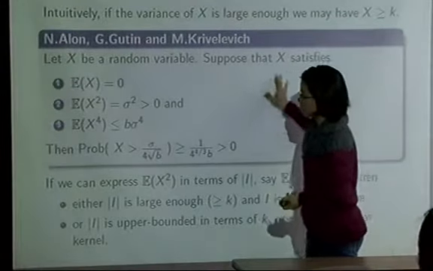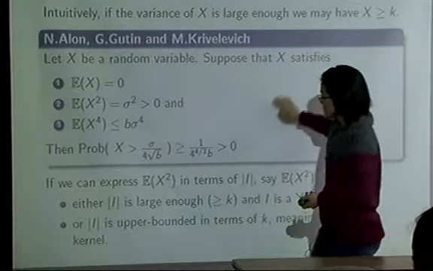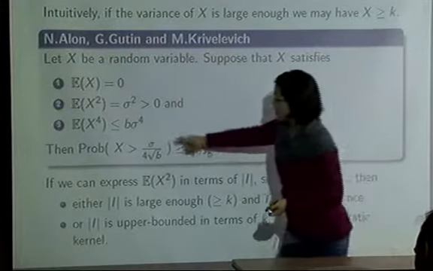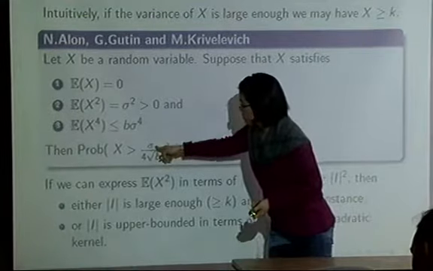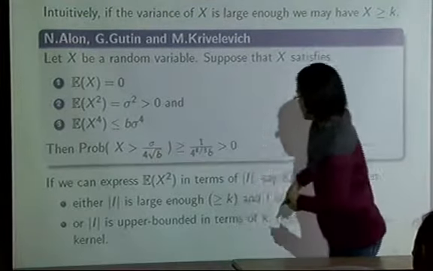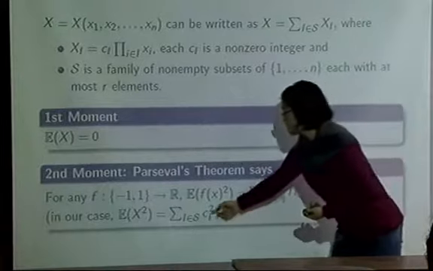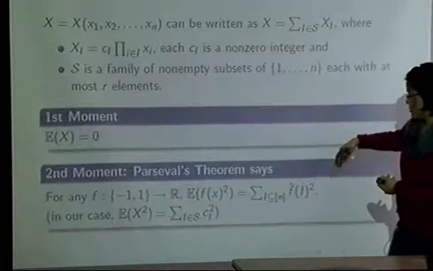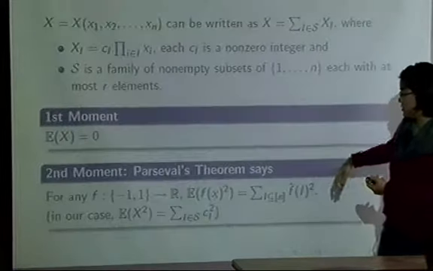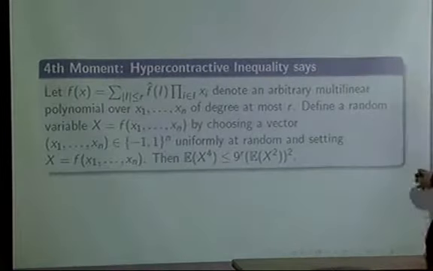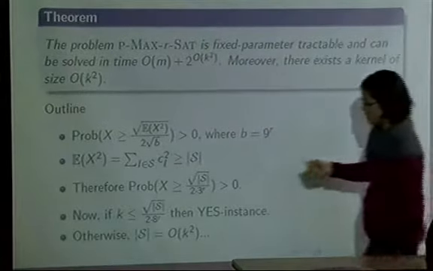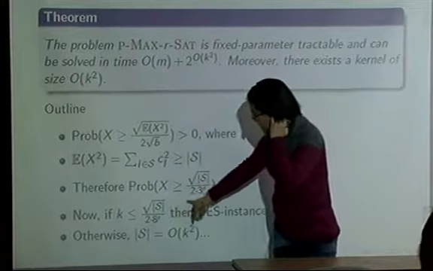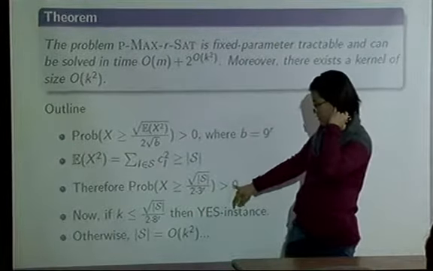We just check that the 3 conditions are satisfied, and so the square root of the second moment can be represented in this way. So you replace this term from this formula, and then if you do some calculation, then you can at least say this. So the probability that x is as large as this one is positive.